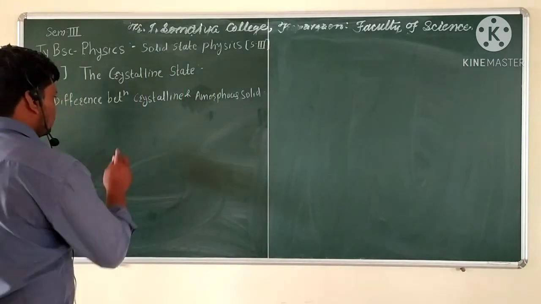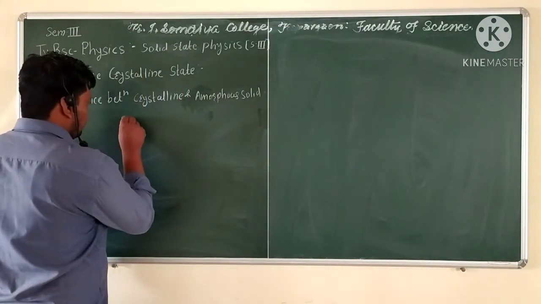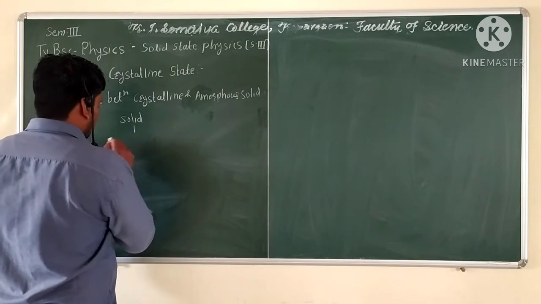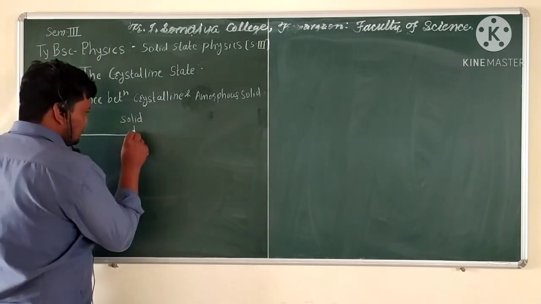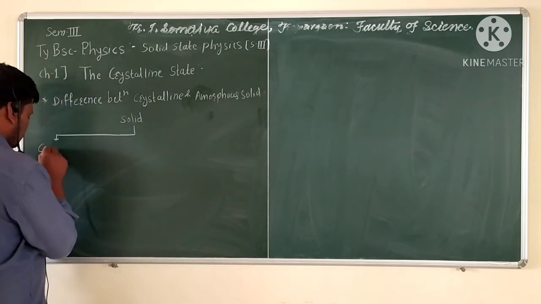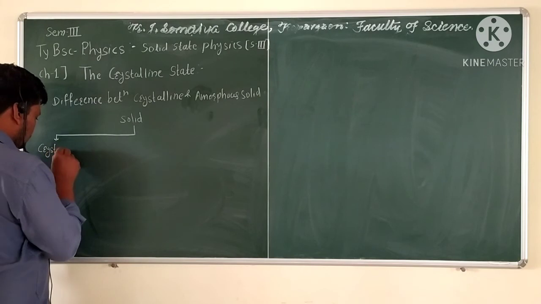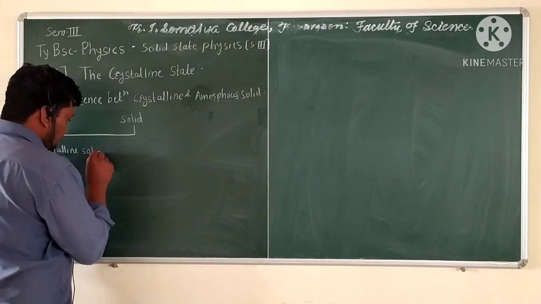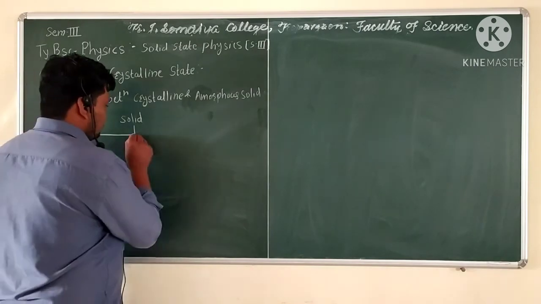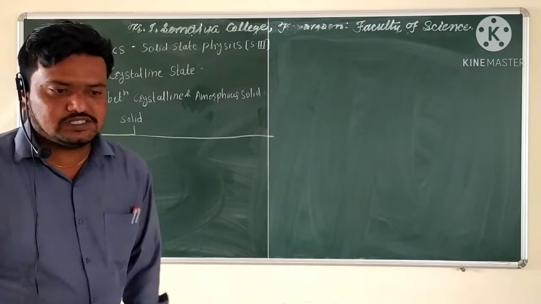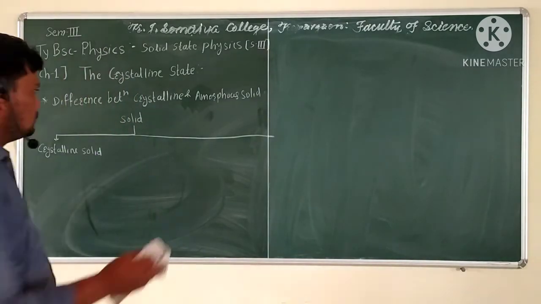The solid has two main parts: first the crystalline solid, and next the amorphous solid.